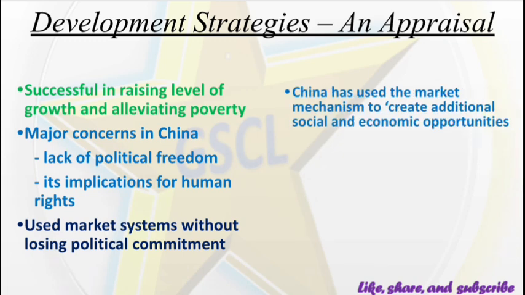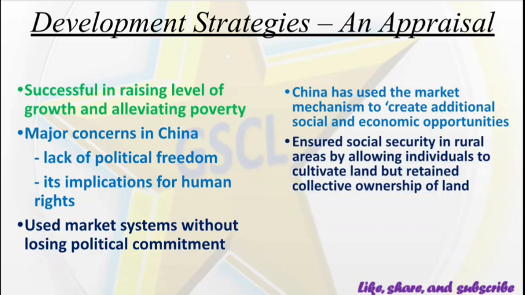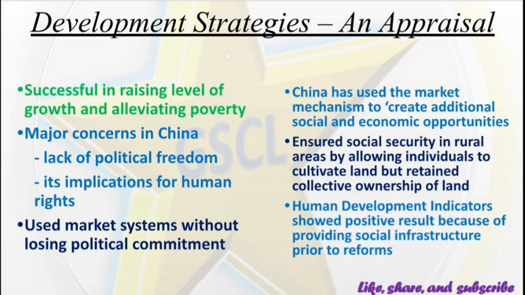It did create additional social and economic opportunity. They ensured social security in rural areas. The human development indicator was positive because of the commitment to provide social infrastructure prior to the reforms itself.